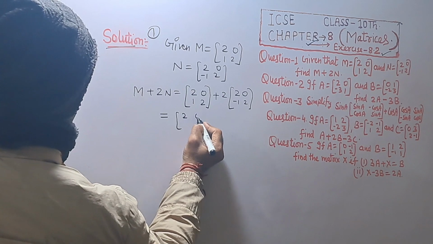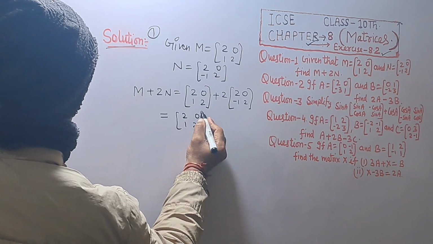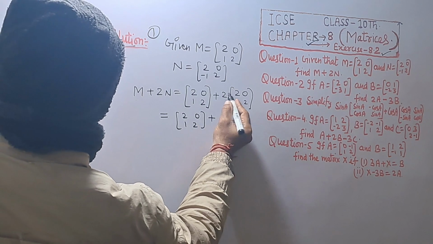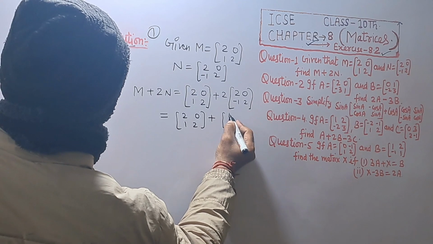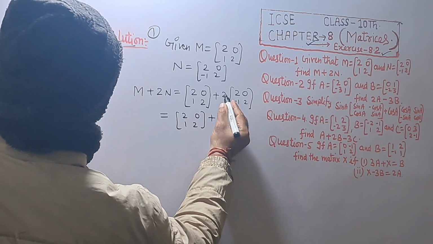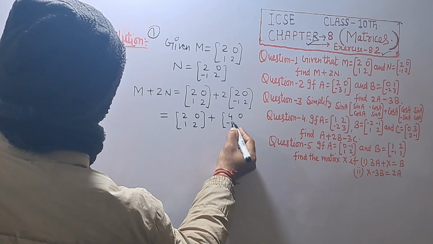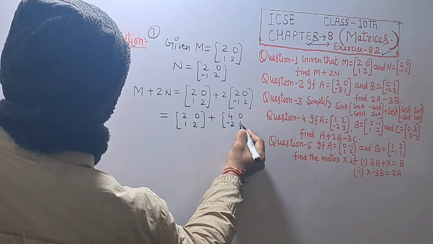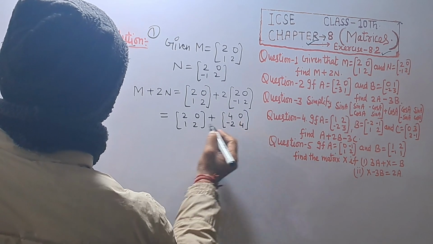So [2, 0; 1, 2] as it is, plus 2 multiplied by the first element, that is 2 2s are 4, 2 multiplied by 0 is 0, 2 multiplied by minus 1 is minus 2, and 2 2s are 4.